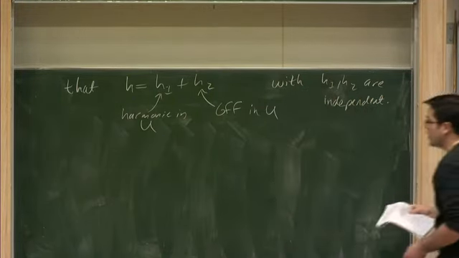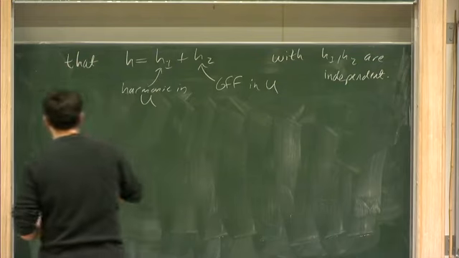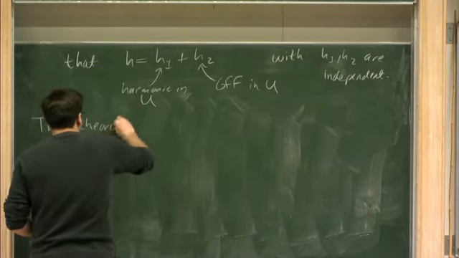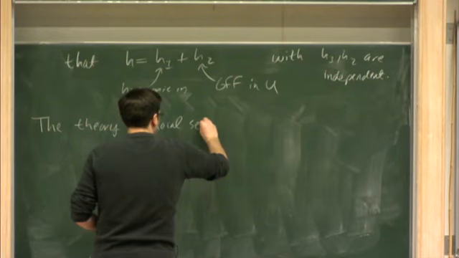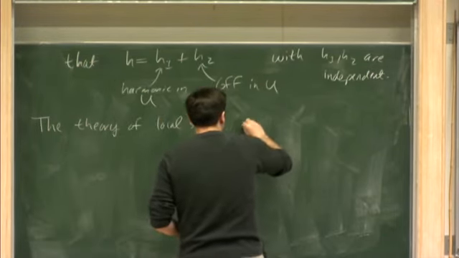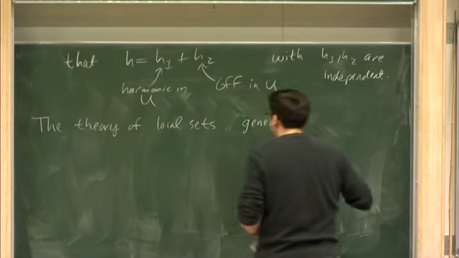All right, and so these local sets that we're now going to look at are going to generalize this to the setting in which U is random.